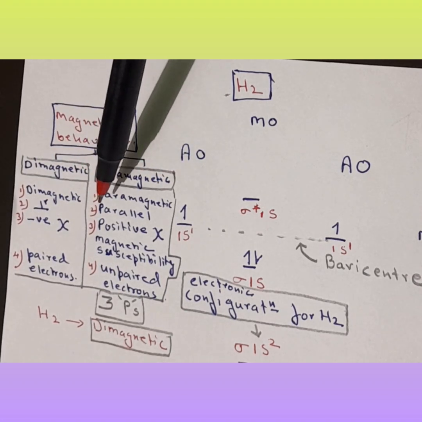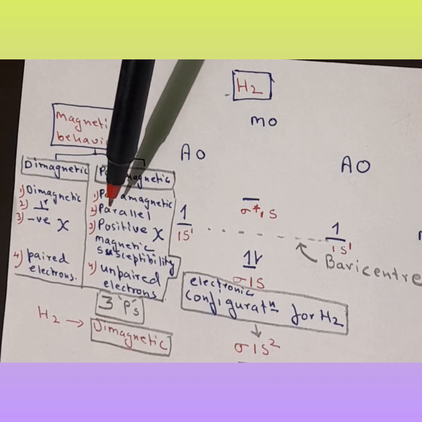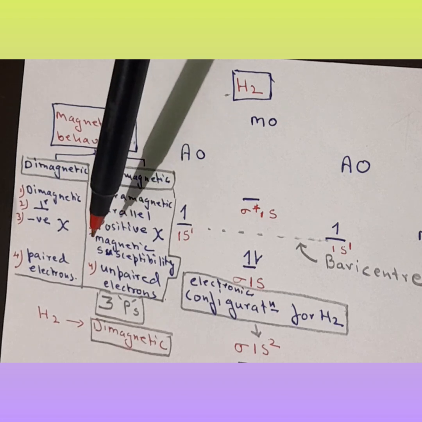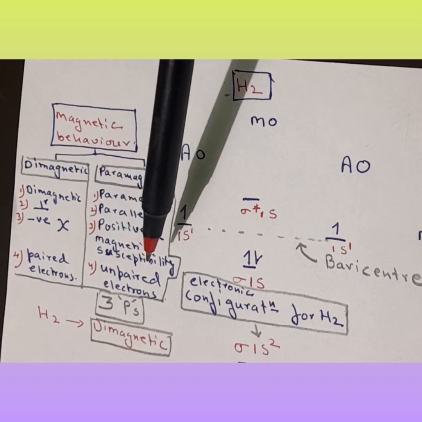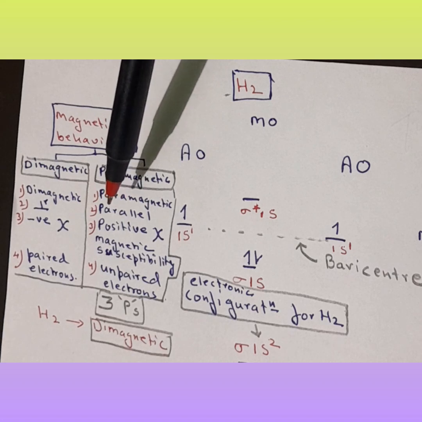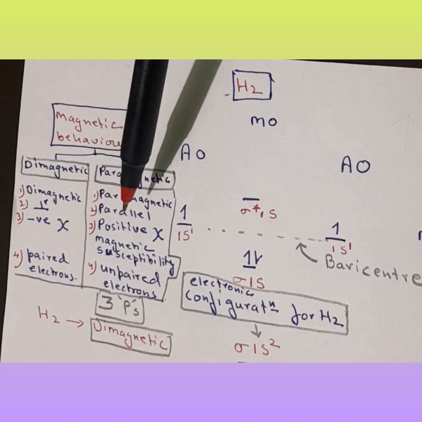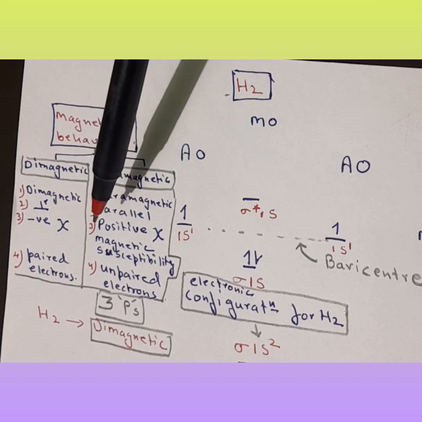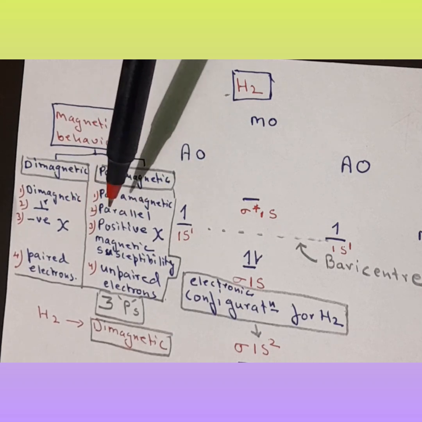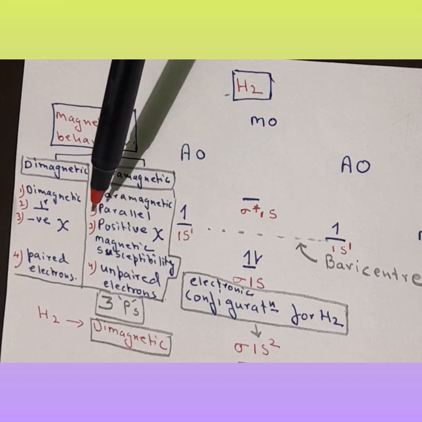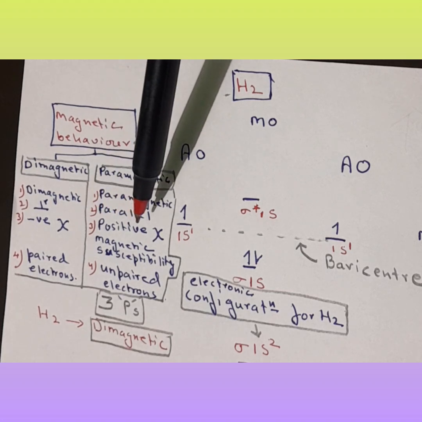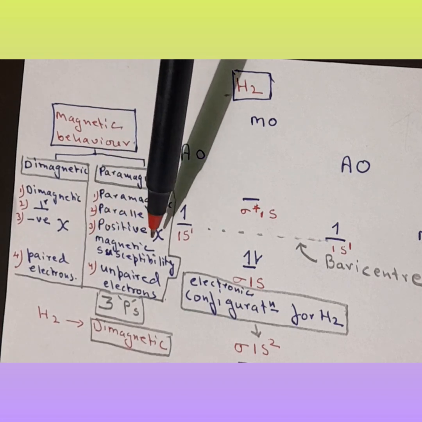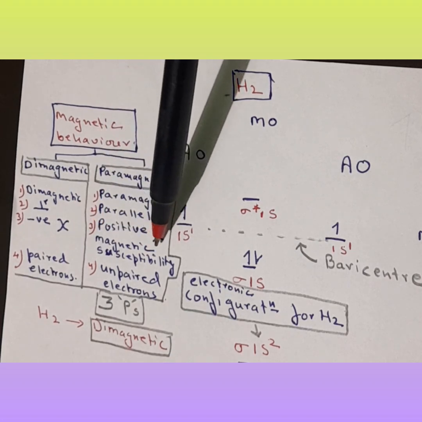Paramagnetic is the property where a material aligns itself parallel to the magnetic field and has small positive magnetic susceptibility, which is represented by chi.